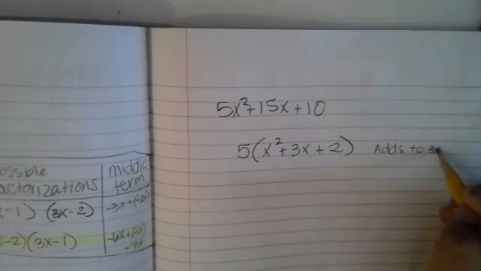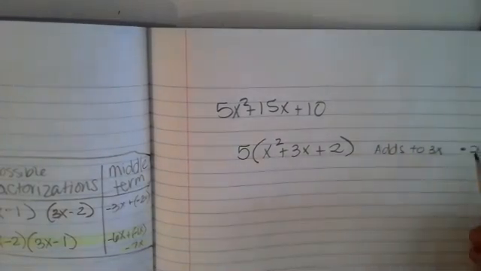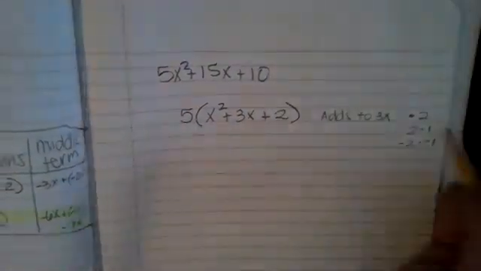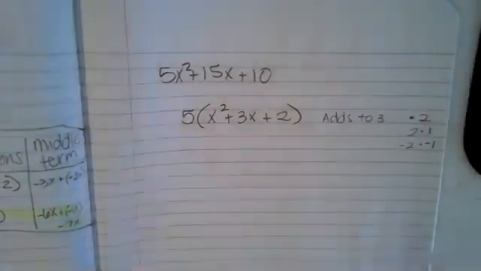Adds to 3, multiplies to 2. So factors of 2 would be 2 times 1, -2 times -1. I got nothing else. So then which one adds to be 3? Oh, I guess I didn't need my x there. Sorry. Adds to be 3.